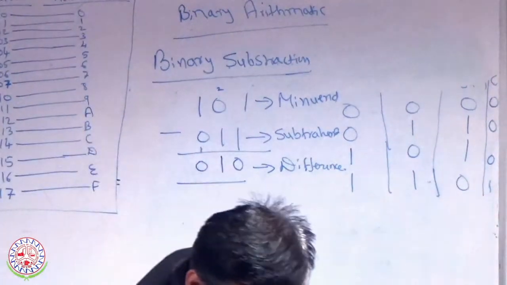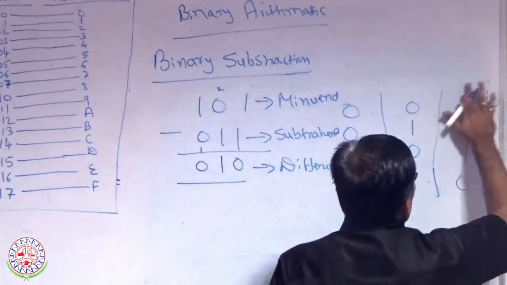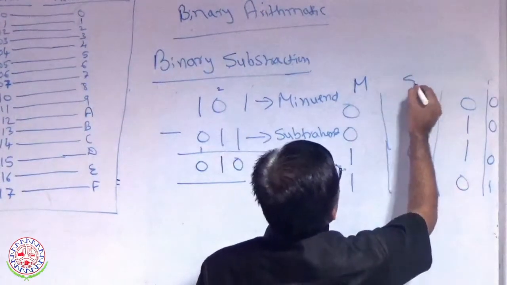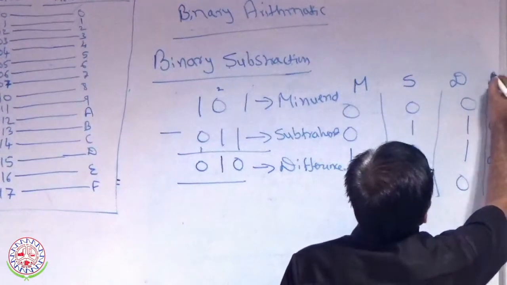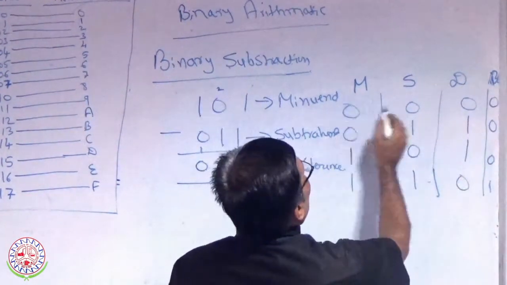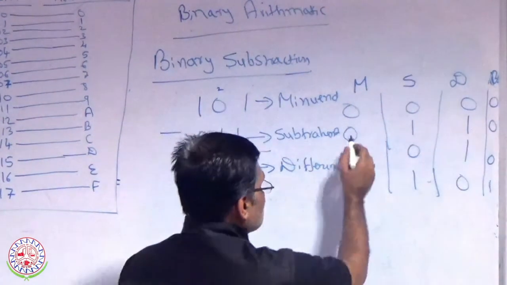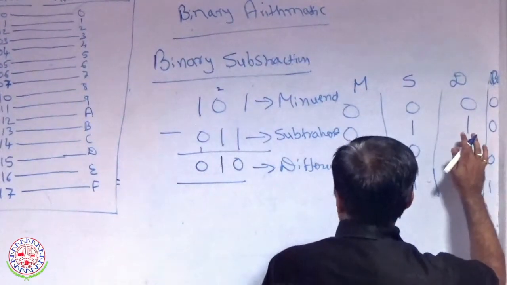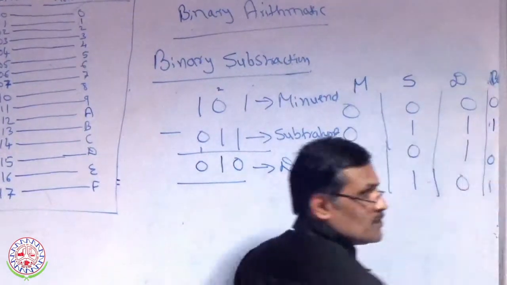So this is the difference here. With respect to this, let us see the chart. This is our minuend, this is our subtrahend, this is the difference, and the last column is our borrow. 0 minus 0: difference is 0, borrow is also 0. 0 minus 1: difference is 1, and borrow is also 1.